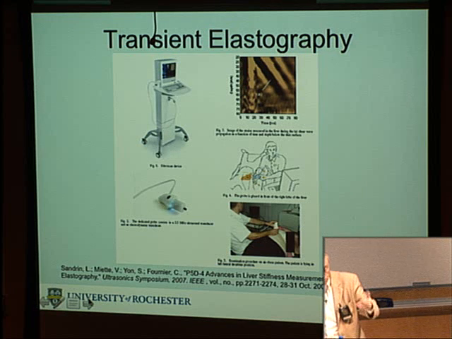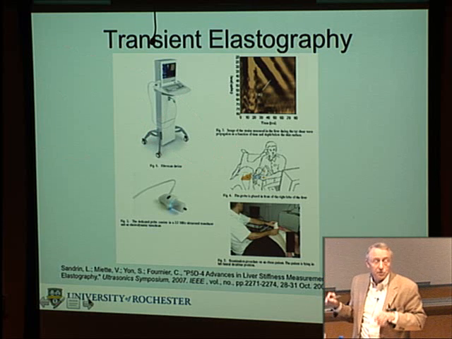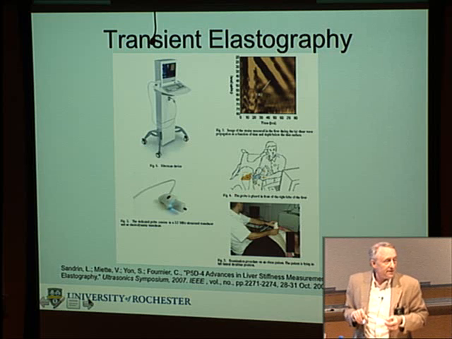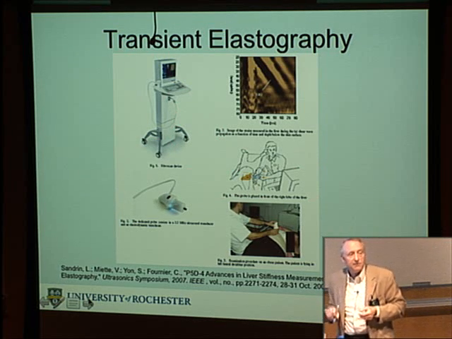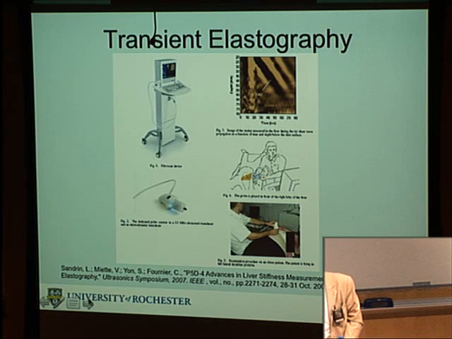And it can do this repeatedly, to make sure that the results are consistent and so forth. This device is expensive. Even though it's not an imaging device, it still costs like $100,000. But liver specialists all over the world are using it now. And yeah, it's a really great success story, I think.